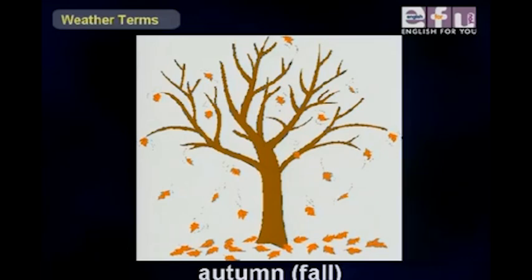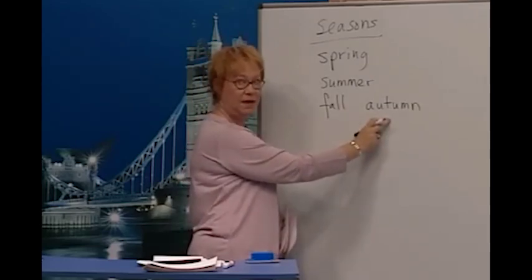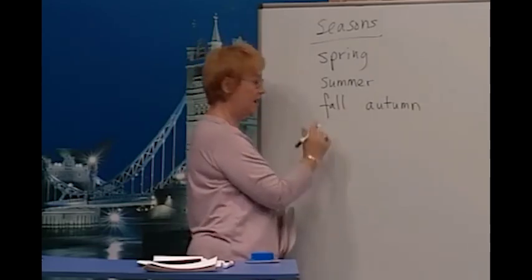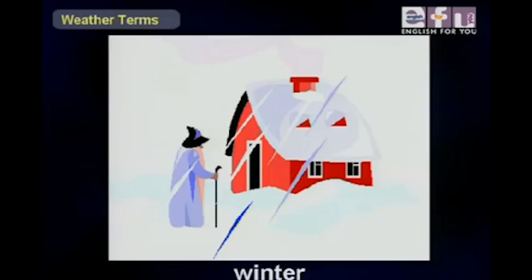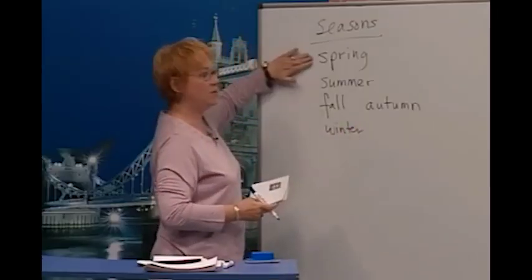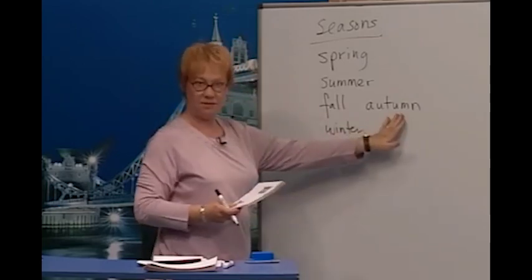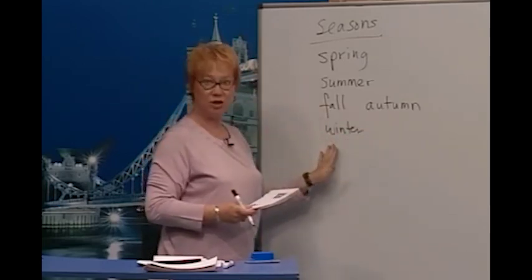There are 2 names, fall or autumn. And then finally, we have winter. Winter. All right? So again, we have spring, summer, fall or autumn, and winter.